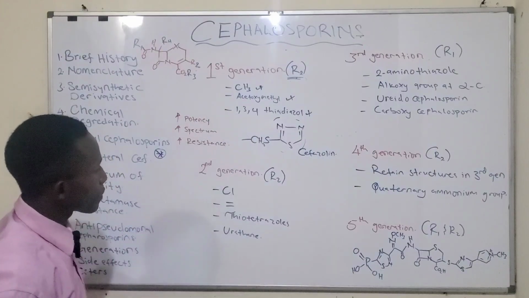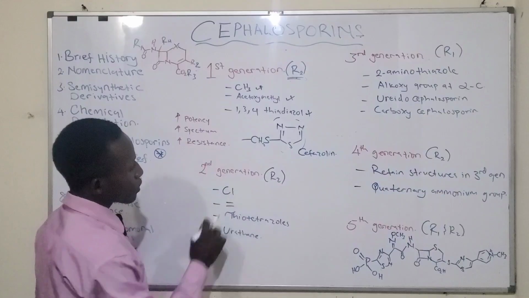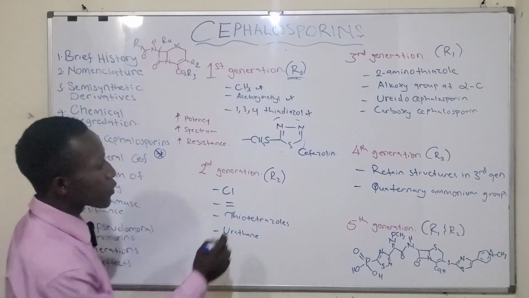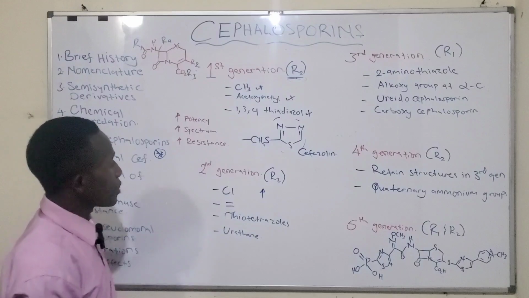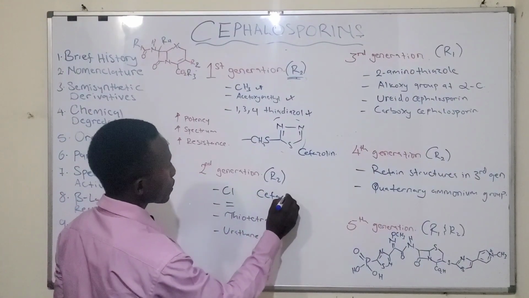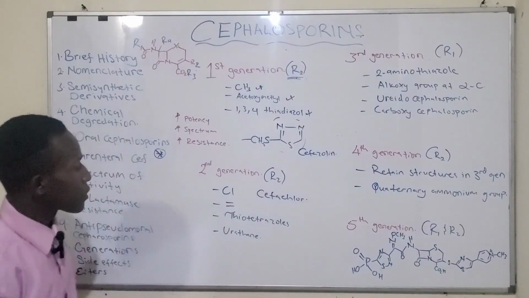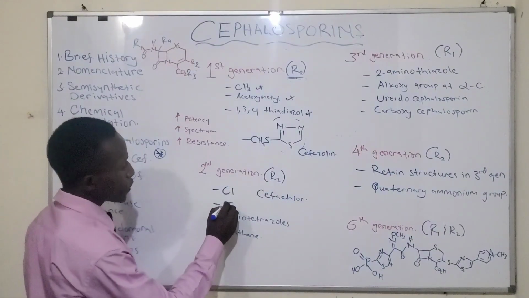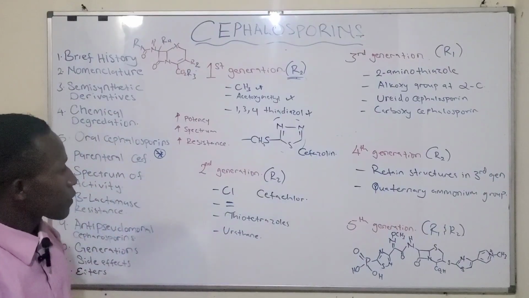Now, when you come to this one, substituting the methyl group with a chloride group, we are increasing the potency to be more lipophilic. So you see the cephalosporin with chlorine. We have a double bond in R2.